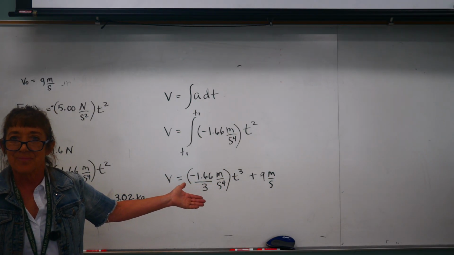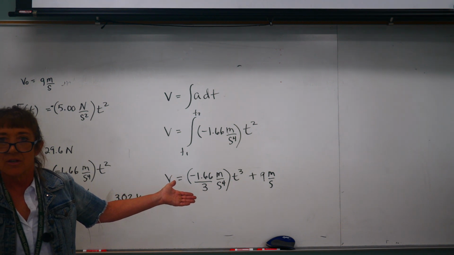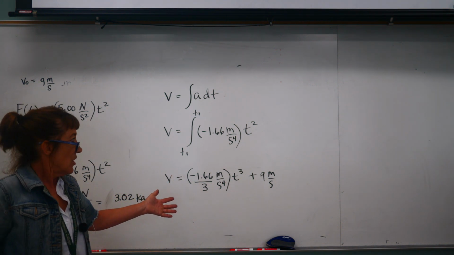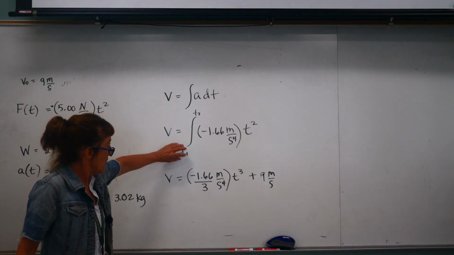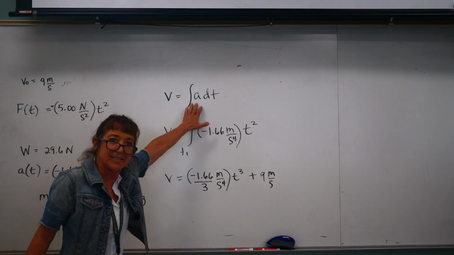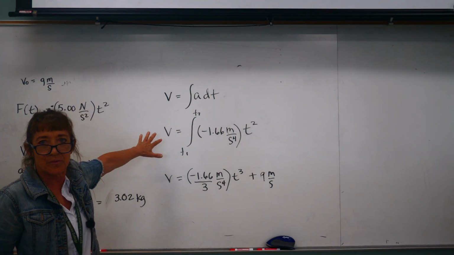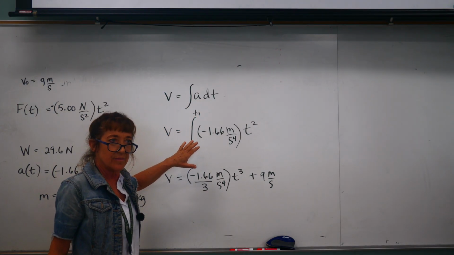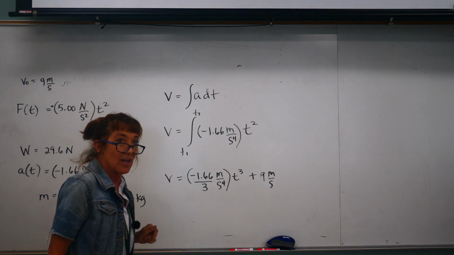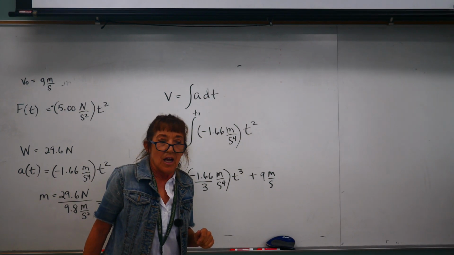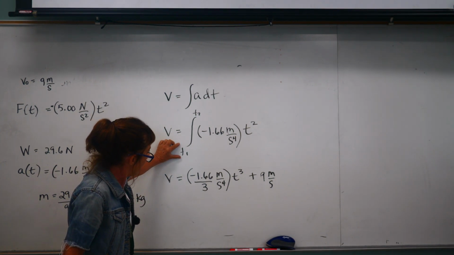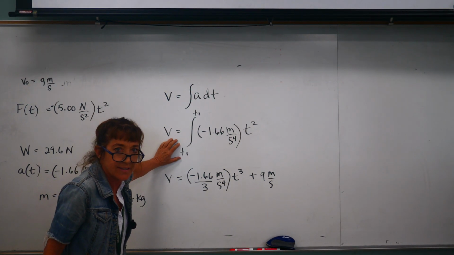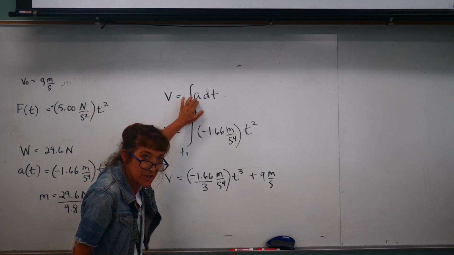Why did we choose t1 and t2? It's just how an integral is written, isn't it? You can write it without them. You just mean like a and b, right? Yeah, time 1 and time 2.